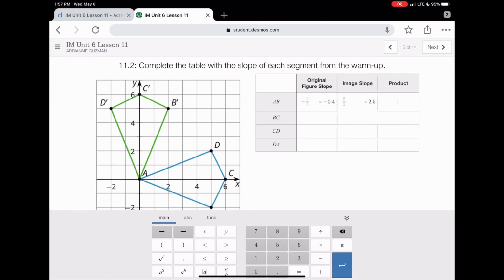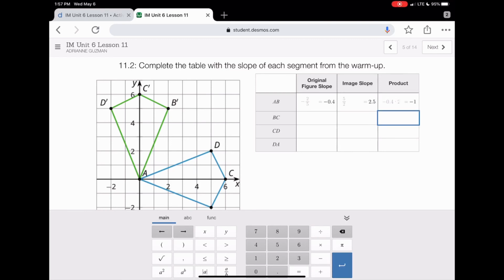All right. Now they want to know the product. Product is when you multiply the two. They want you to multiply the two slopes together. So -0.4 times 2.5.